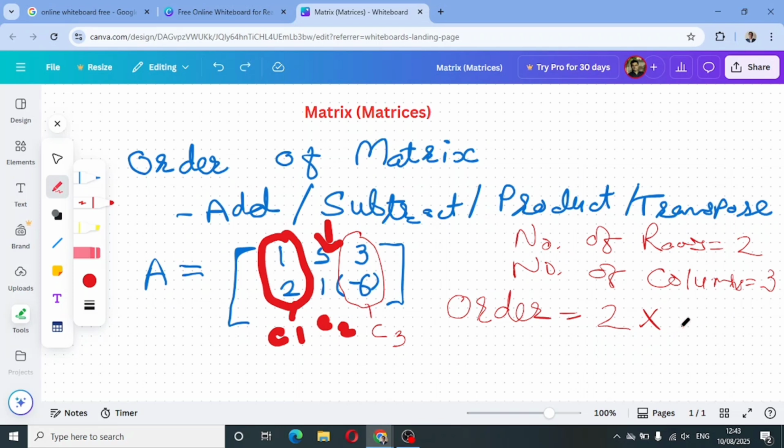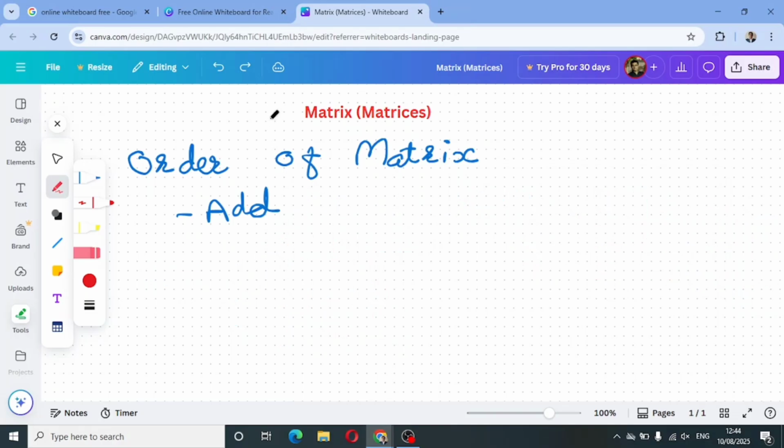Let's take one more example. Let me take another example.